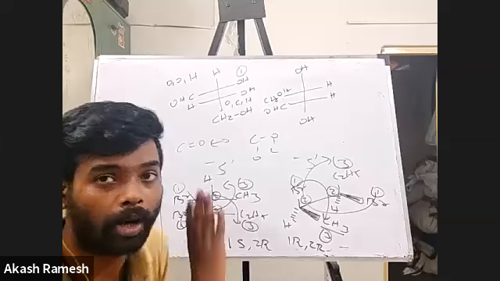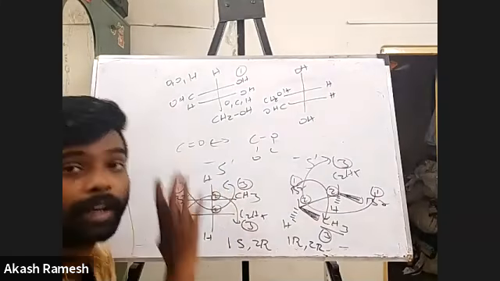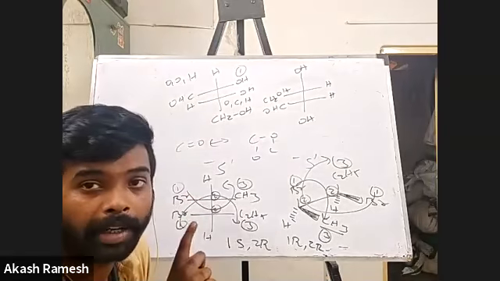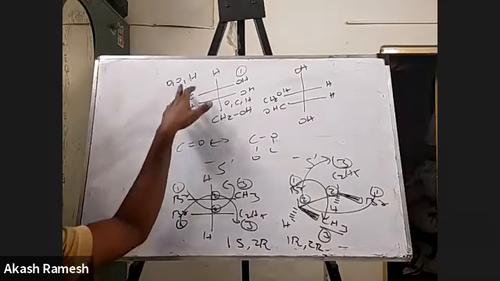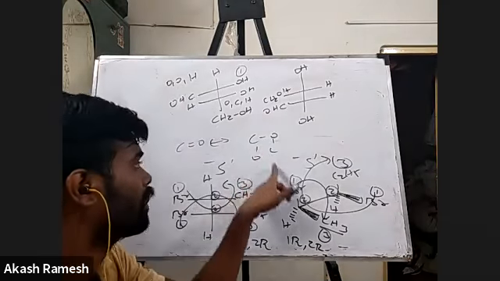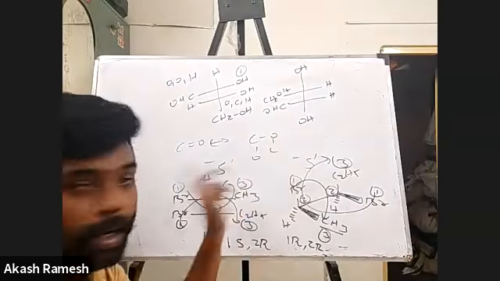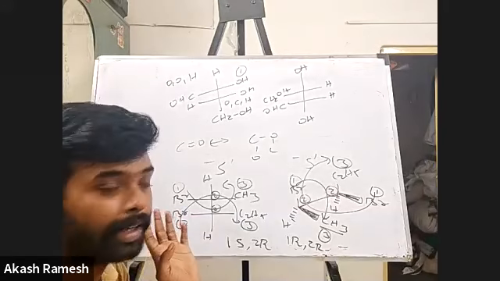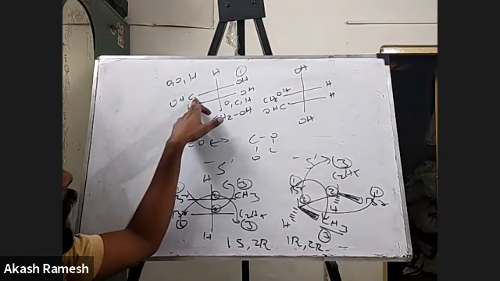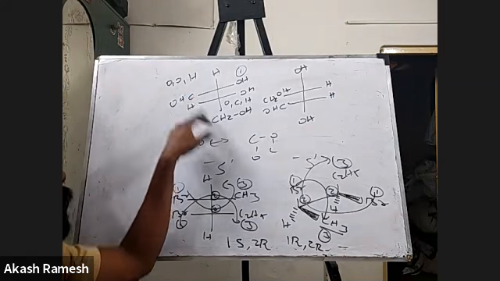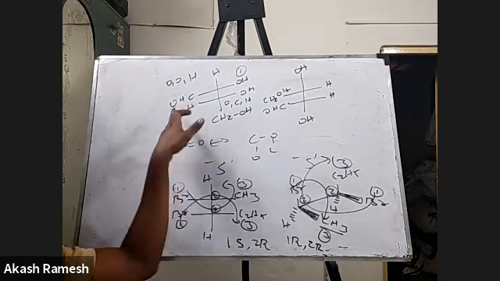Yes? Any doubts here? How is it that this is having the second priority? You want me to repeat again? Okay. So look at this. When I have C double bond O, this is how I write it: CO, OC, and again CO. Now if I look at this, how will I write the next three atoms for this carbon? It will be oxygen, oxygen, and there is one more hydrogen.